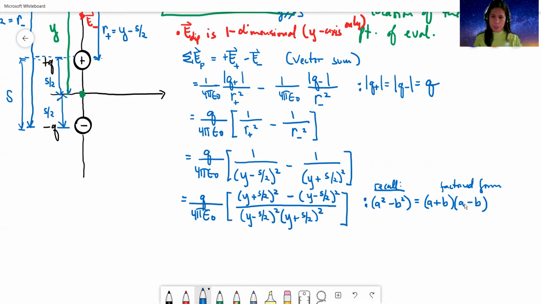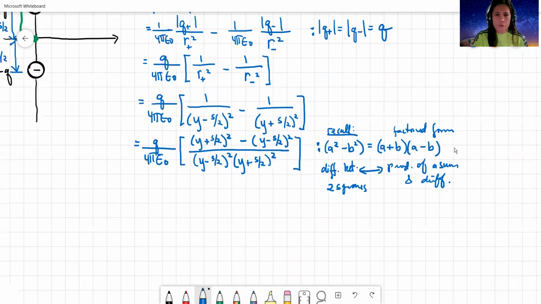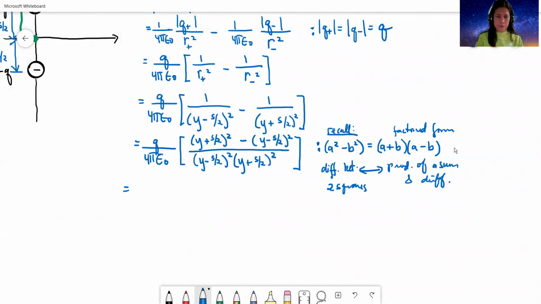These are special products: the product of a sum and difference, and the partner is the difference between two perfect squares. Following this, we can show the factored form of the numerator. So we have q over 4 pi epsilon sub naught. Our a becomes y plus s over 2 and our b becomes y minus s over 2.